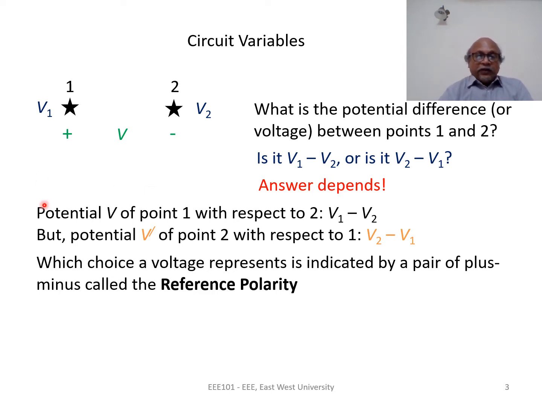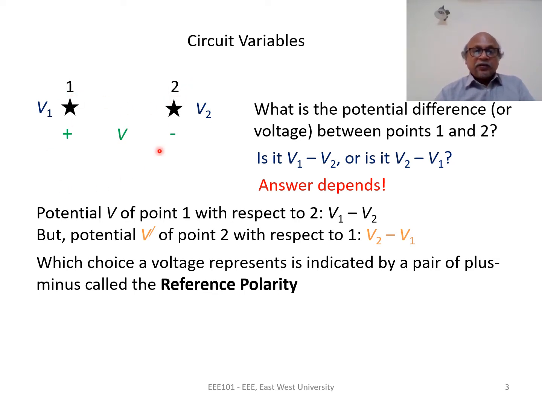To refer to the first situation, the potential of point 1 with respect to point 2, we will assign a plus sign to point 1 and a minus sign at point 2. This minus sign tells us that point 2 is our reference and the plus sign tells us we are finding the potential of point 1 with respect to 2.